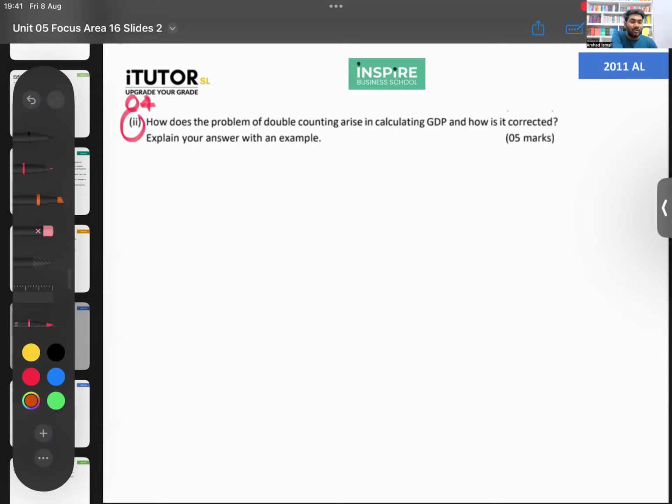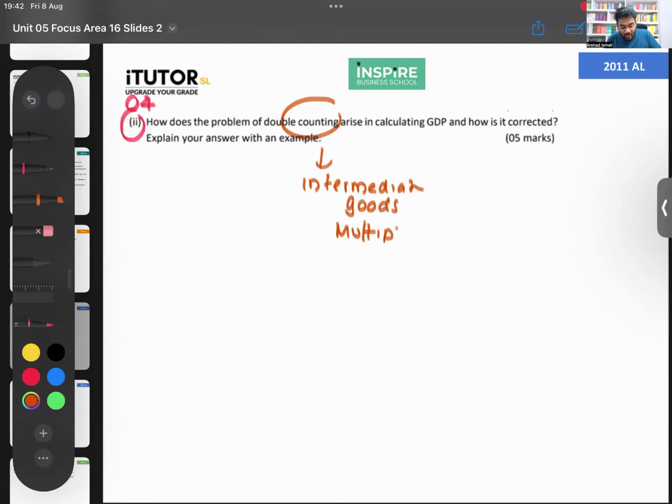Biscuit is inside a biscuit pudding. So if you take all of it, you end up counting the same thing multiple times. That is what you call the double counting error. What is the double counting error? When intermediate goods get included multiple times in the national income calculation.